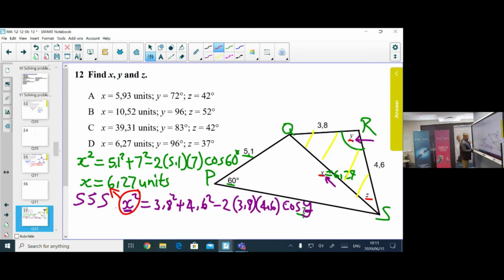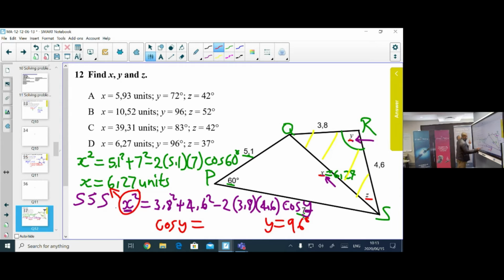so if you substitute that x and you make cos y the subject, eventually you find your y being 96, as you can see right there.